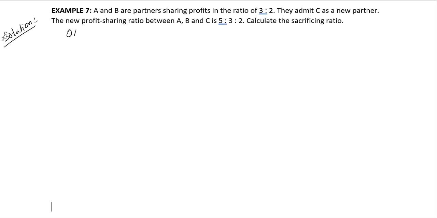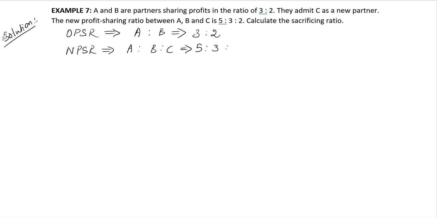As per the problem, the old profit sharing ratio between A and B is given as 3 is to 2. The new profit sharing ratio between A, B and C is given as 5 is to 3 is to 2.